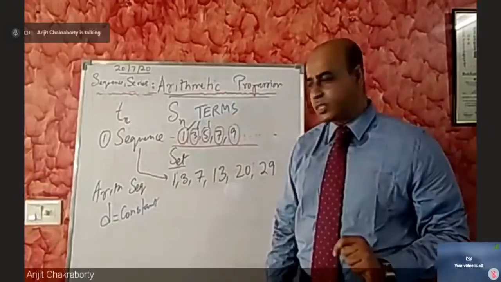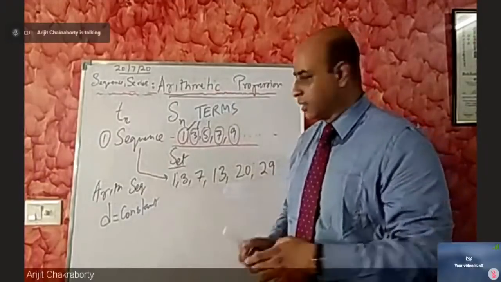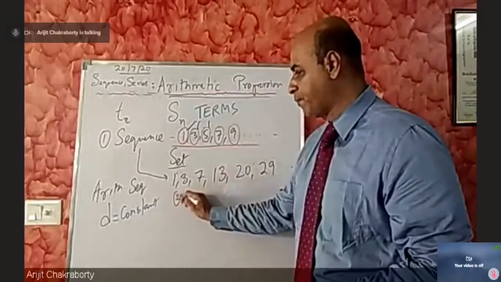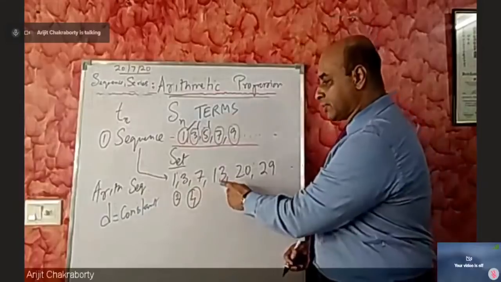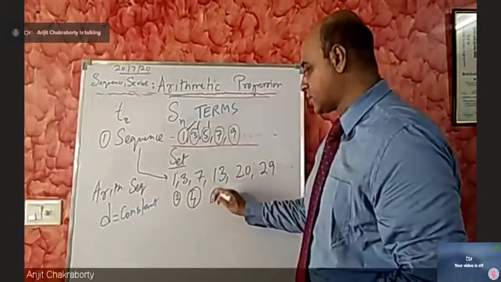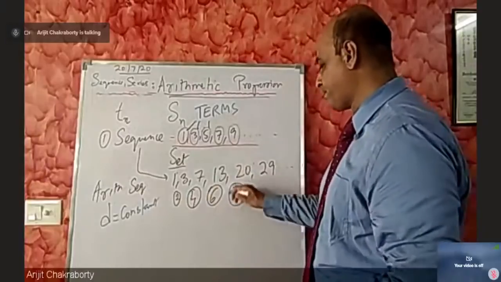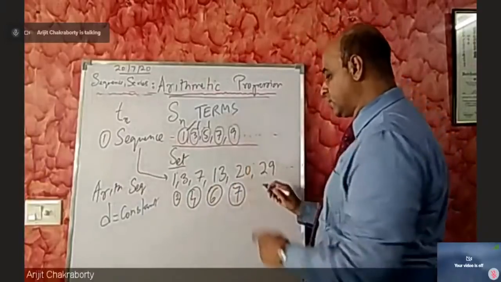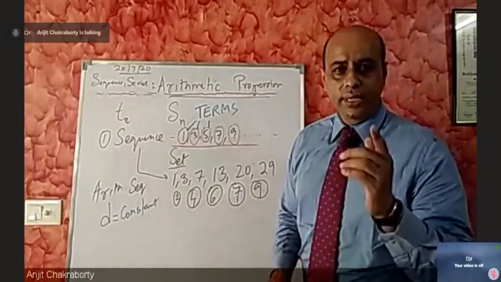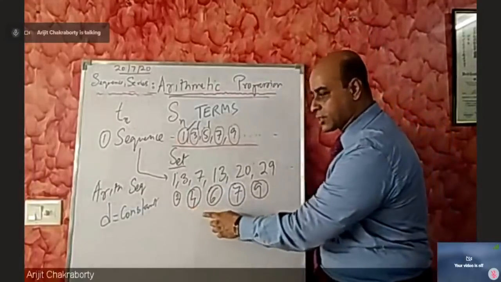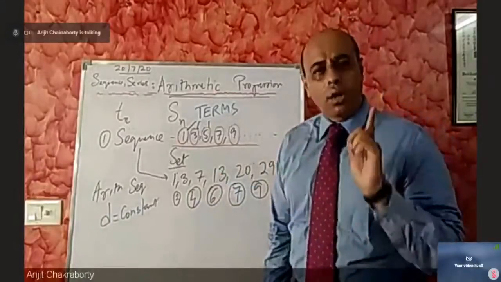Let us see the differences between successive terms. 3 minus 1 is 2. 7 minus 3 is 4. 13 minus 7 is 6. 20 minus 13 is 7. 29 minus 20 is 9. So dear friends, you can see that the difference between the numbers is not constant.